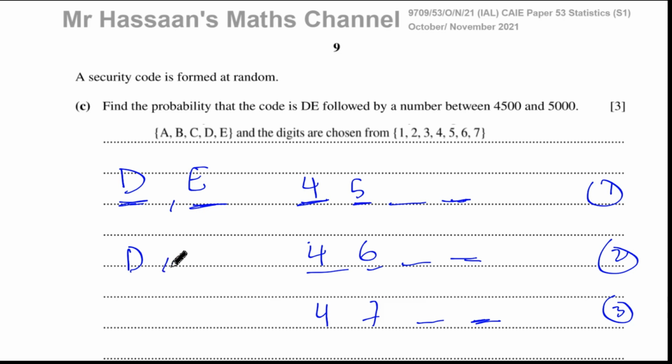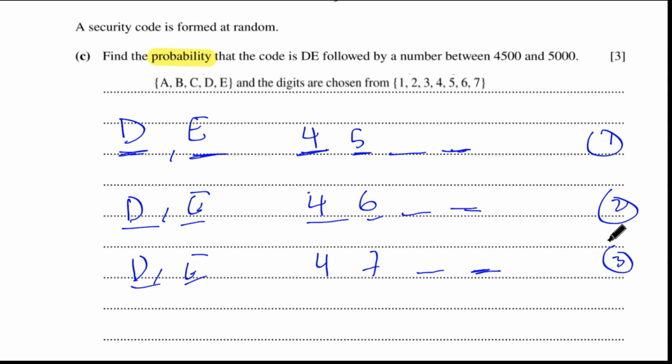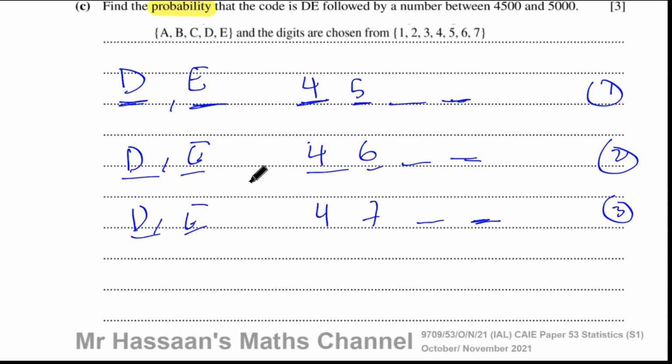And here DE is fixed in each case. It always has to be D followed by E. There's not even ways of switching them because it's just D and E. And we have to remember here we're dealing with a probability. So we're going to first find the number of successful outcomes, which will be given by these.